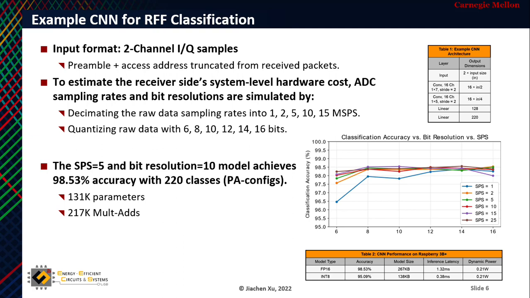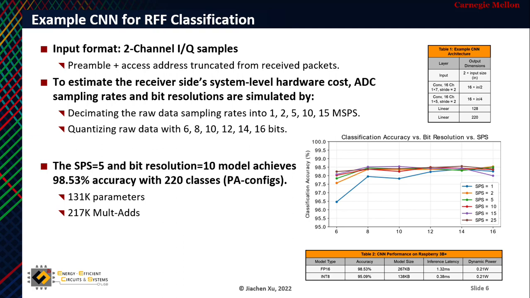Also, to estimate the receiver-side system-level hardware cost to deploy the system on edge devices, IoT devices, we simulate different ADC sampling rates and bit resolutions by decimating the raw data and quantizing the data.